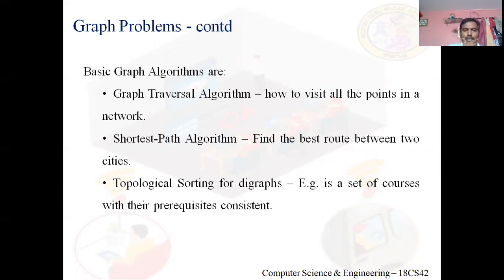Let me give one example for the graph traversal algorithm. What I said, how to visit all the points in a network, right? The advantage of this first algorithm is that we can see whether any city is not reachable through a highway.